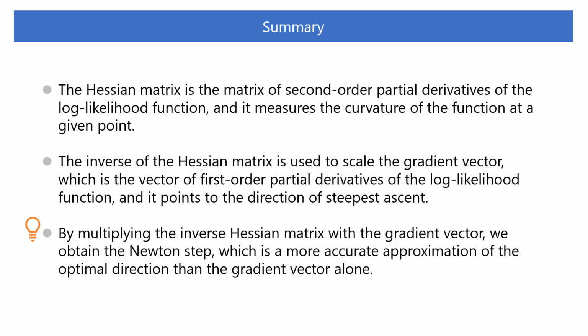The Newton step is then added to the current coefficients to obtain the updated coefficients for the next iteration. This process is repeated until convergence is achieved, or a maximum number of iterations is reached.